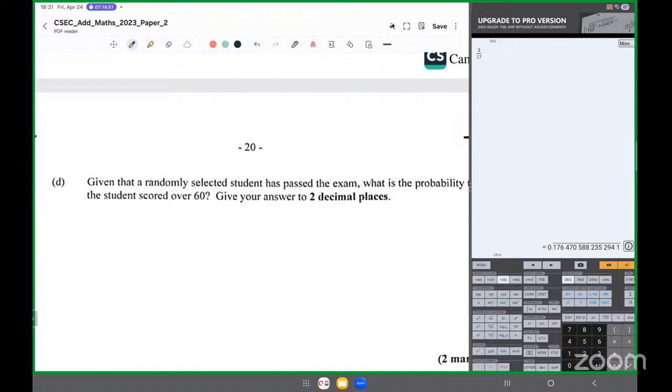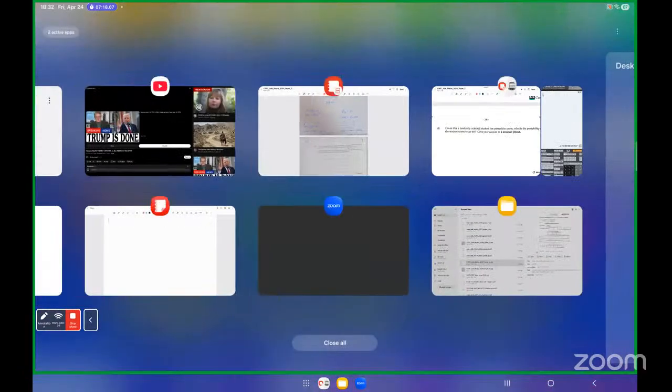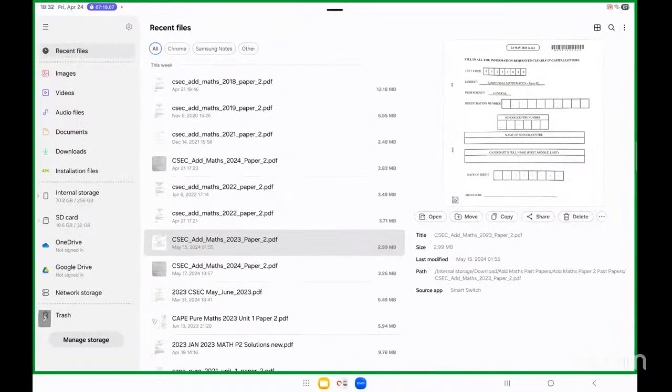The ones who passed were 14 of them, and you need to know how many of those 14 got over 60. That's what this is asking. It's a conditional probability, but we're not doing it because we have the probability next week. So we come back to this. And let's look at 2023.